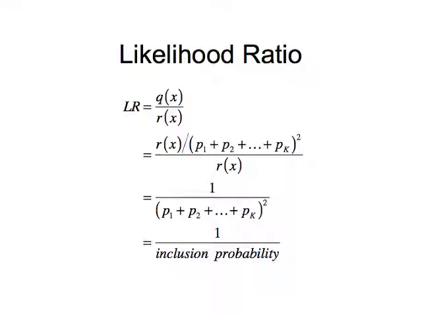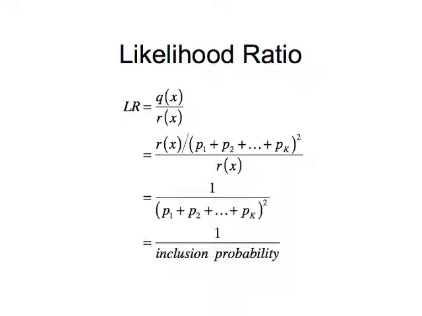Well, in the denominator, we have the prior value, the population frequency, R of x, and in the numerator, Q, the questioned evidence posterior probability, is simply that same prior value, R of allele pair x, divided by the normalizing constant, which is the sum of the allele frequencies that were in the mixture data squared.